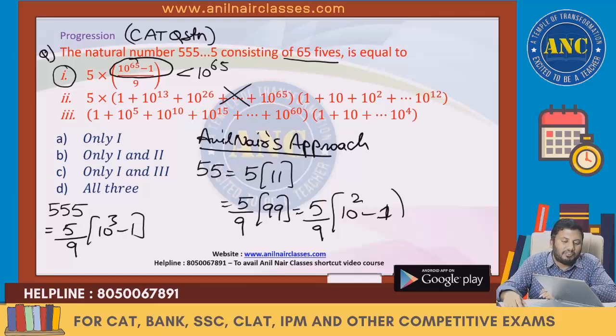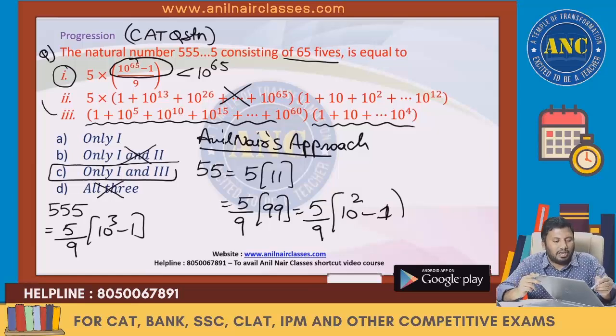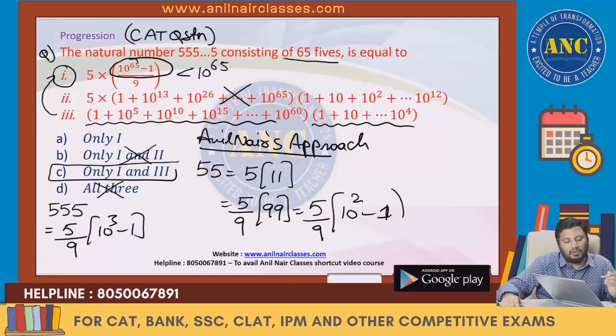Obviously, only 1 and 2. 2 is right. All 3 is right. If you use geometric progression for this series and geometric progression for this series, it will result in again back to 3. 3 is nothing but will give derivative 1. So, answer is only 1 and 3.